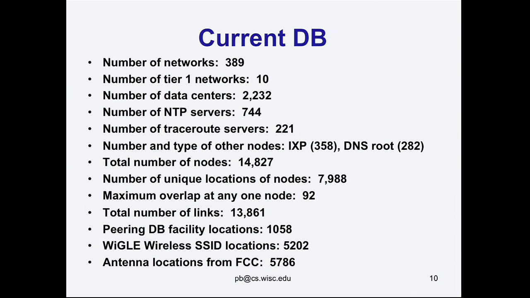In terms of unique locations of nodes, nearly 8,000. The total number of links in the archive is nearing 14,000. And recently, we've begun to expand the scope of the networking-related data to include Wi-Fi hotspots, cell towers, and so forth.